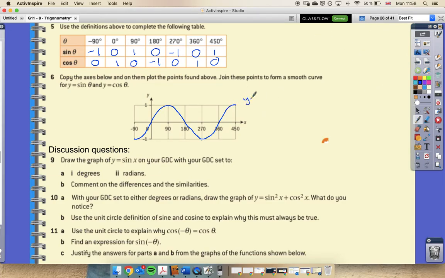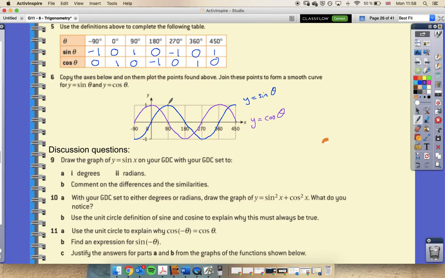So that one is y equals sine theta, or I guess sine x here. Let's use a different colour for cos. So cos starts at 1, so I'll go up to 1. There we go, y equals cos theta.